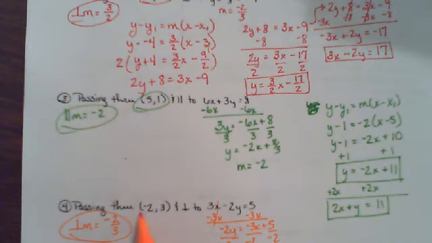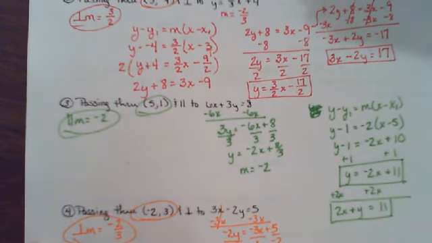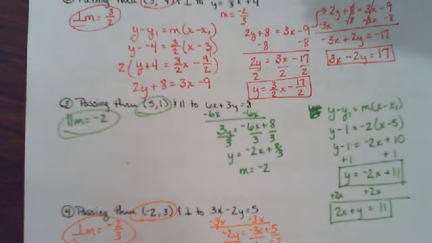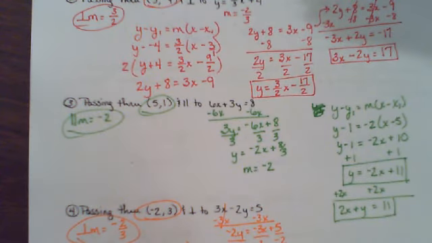Now I have a slope I can use and a point I can use. y minus y1, which is 3, equals negative 2 over 3 times x minus negative 2. Make sure you change that to a plus. Negative 2 over 3x, and then negative 2 over 3 times a positive 2 is going to give you a negative 4 over 3.